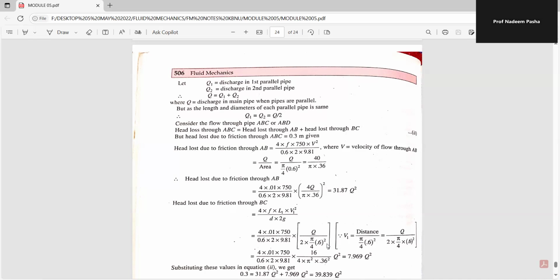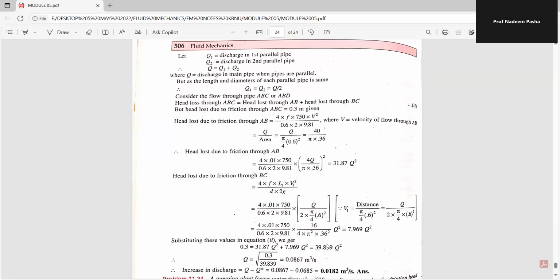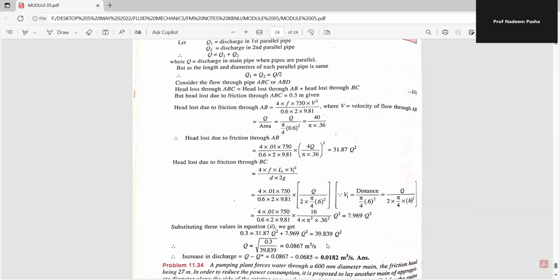Using this, if you substitute, the value of Q comes out to be 0.0867 meter cube per second. If Q is known to you, the increase in discharge you can calculate as Q minus Q star. Q is 0.0867 minus Q star, which is 0.0685. So the answer comes out to be 0.0182 meter cube per second.